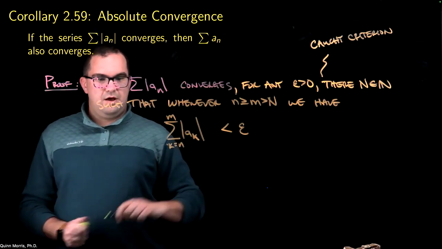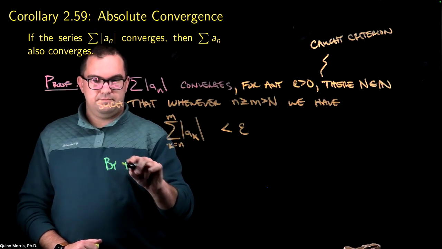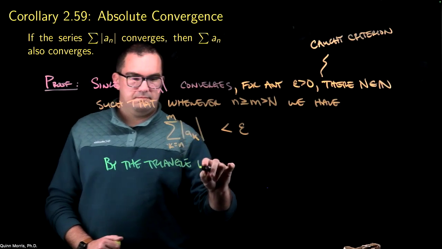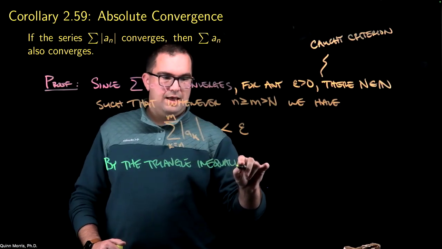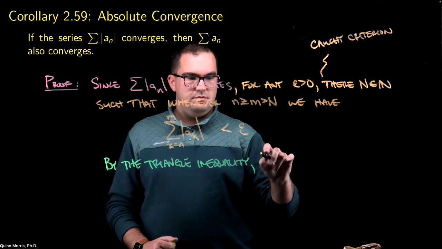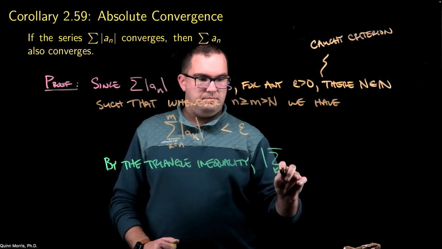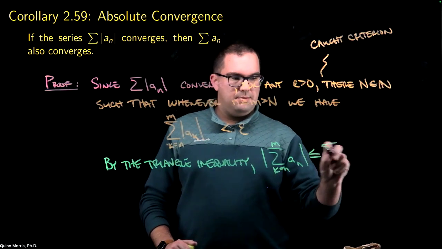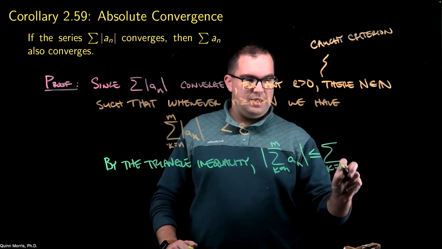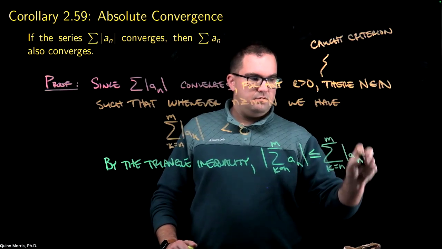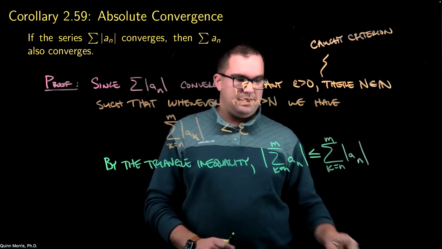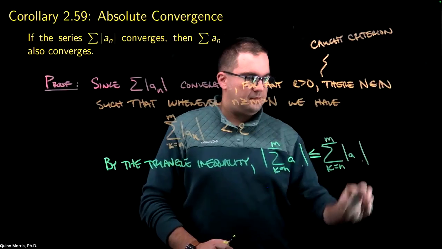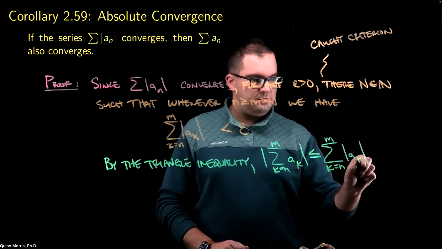Now by the triangle inequality, if I look at the sum k equals n to m of the a_k without absolute values, its absolute value must be less than or equal to the sum k equals n to m of the absolute values of the a_k. I keep writing a_n, these should be a_k.